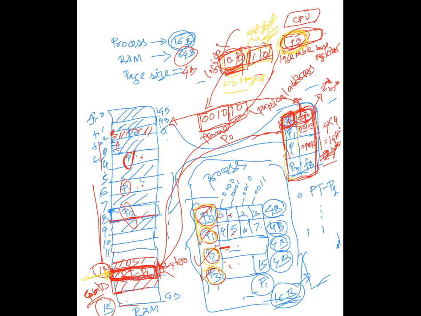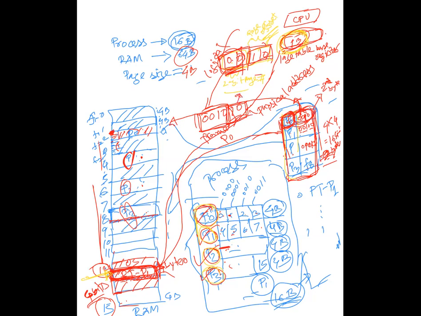Now it is easy for the CPU to execute the process. It gets the physical address and goes to these locations, frame number 2, and its offset is 1, 0. From here it tries to execute the second byte.